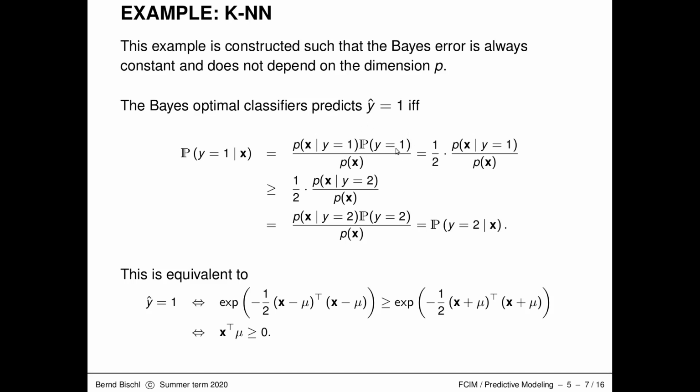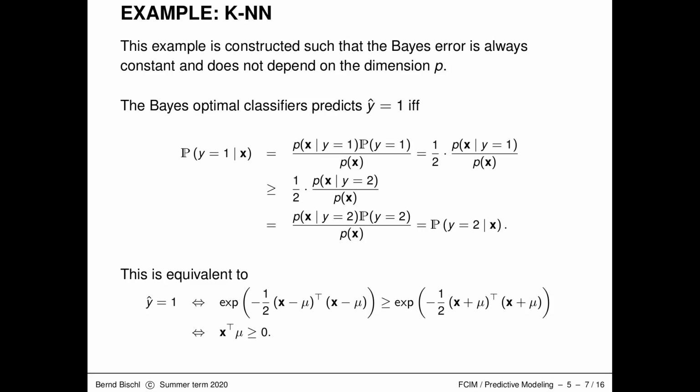Because I assumed that for the simulation. I'm now simply saying that I'm classifying a point as positive if this term is larger than the associated term for y equals 2, so the point being in the second, the negative class, you could say.